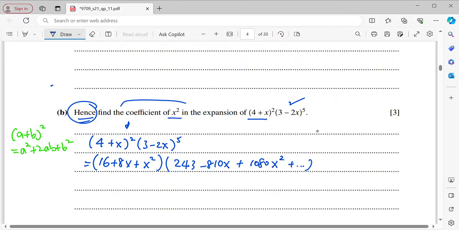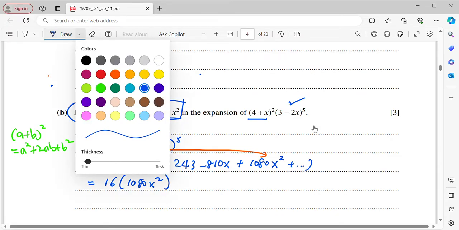Okay, now we need to get the coefficient of x squared, which means now I do not need to do the full expansion. Since this is a constant, I just need to multiply with the term with the x squared. So I will be getting 16 times 1080x squared.